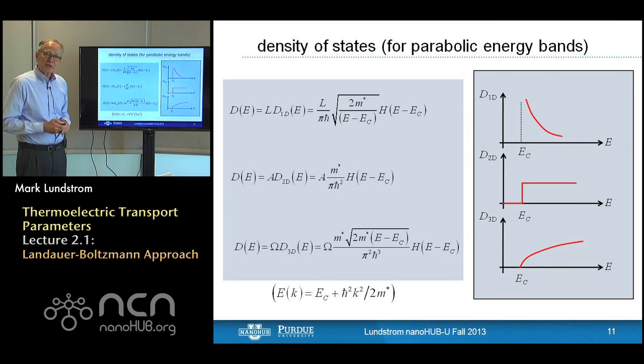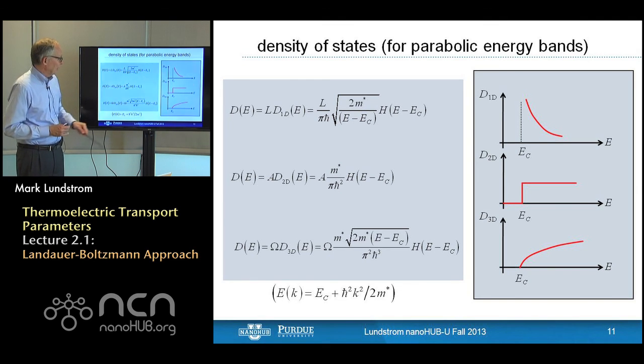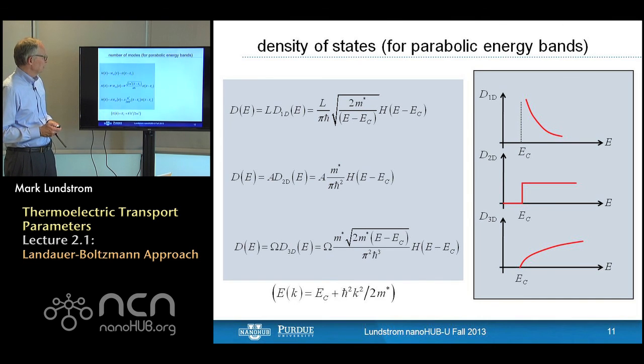So we draw these pictures that are very familiar if you've had a semiconductor book. It's very important to understand how the density of states varies with energy. In 1D, the density of states goes to infinity at the bottom of the band. In 2D, it's constant above the bottom of the band. In 3D, it just increases slowly as the square root of energy. And in more complex band structures, we have more complex shapes.